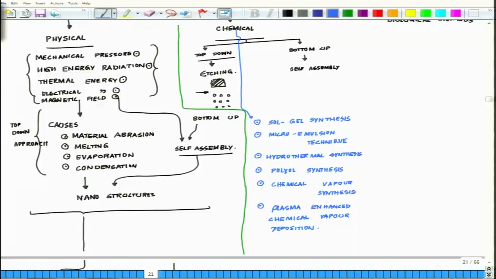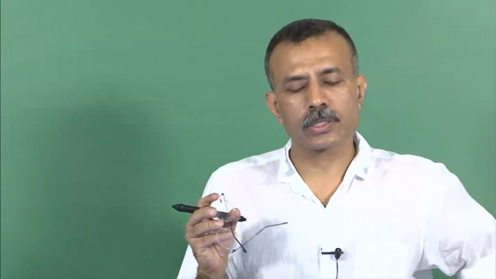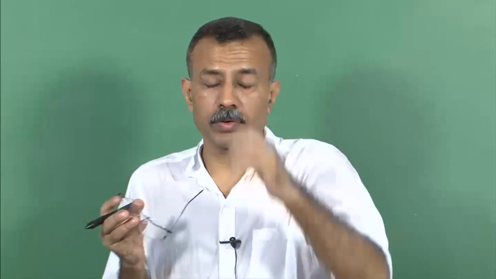So these are some of the broad classifications of chemical synthesis of nanomaterial: sol-gel, microemulsion, hydrothermal, polyol synthesis, chemical vapor synthesis, and plasma enhanced chemical vapor deposition.